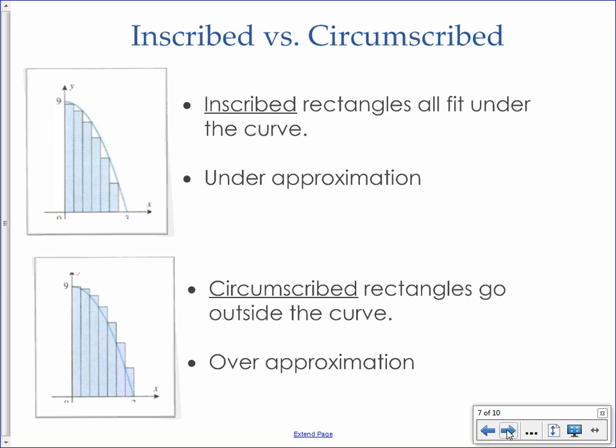When it's increasing, the right hand rectangles were outside, circumscribed. Here, when we're decreasing, the left hand rectangles are circumscribed. But when we had an increasing function on your piece of paper, our rectangles were inscribed. Those are things you're going to have to think about. Are my rectangles going to be inscribed or circumscribed, depending on whether we're increasing or decreasing?